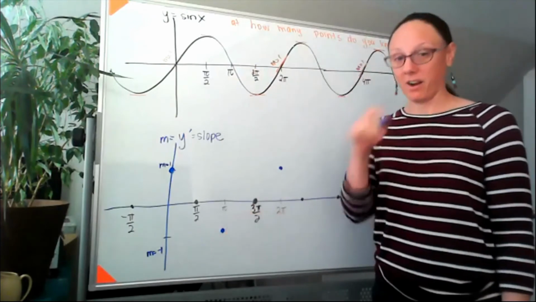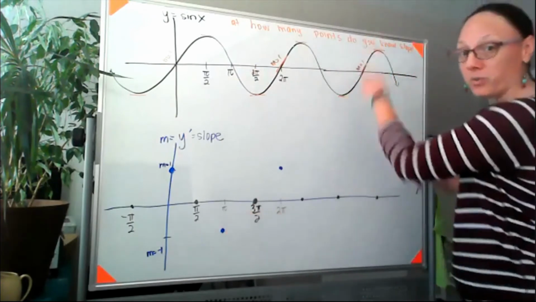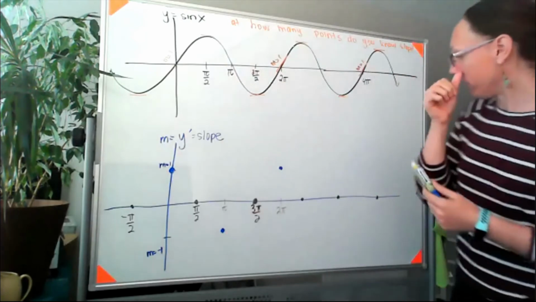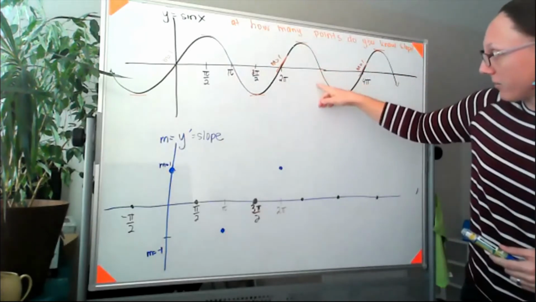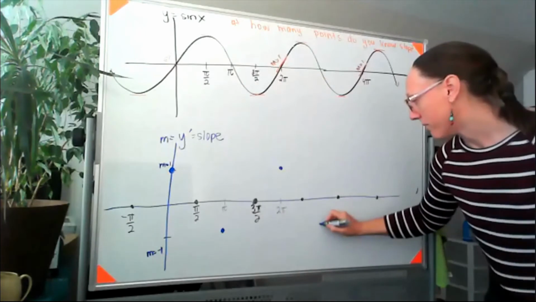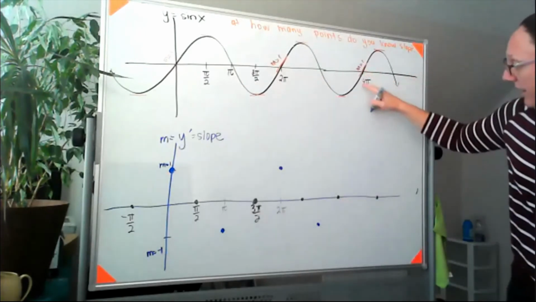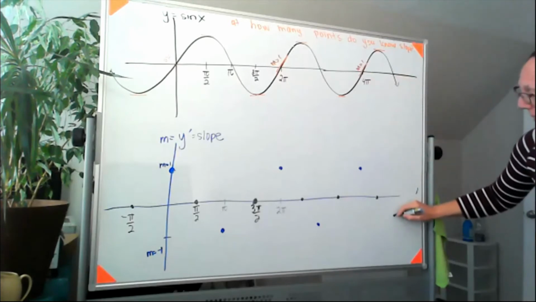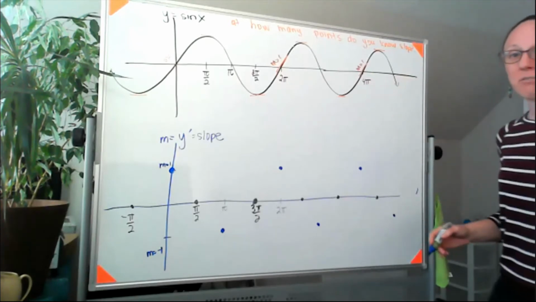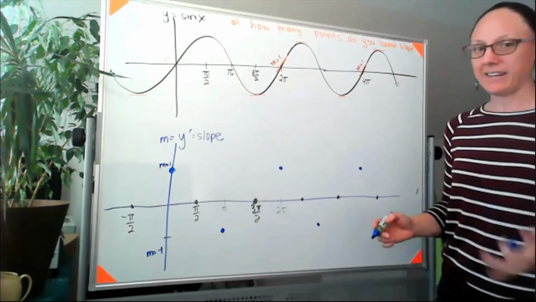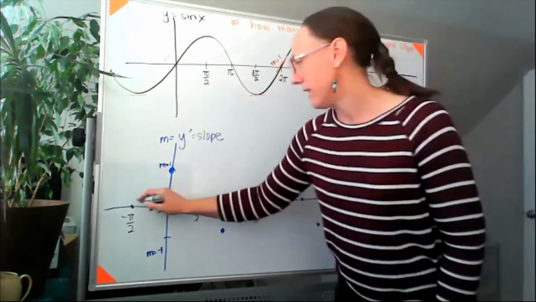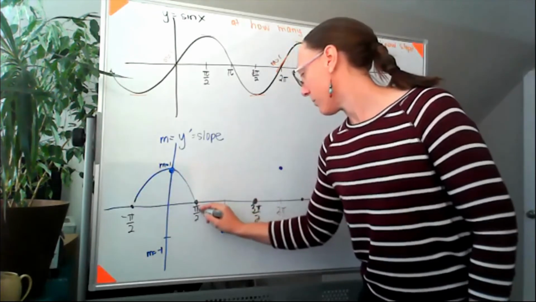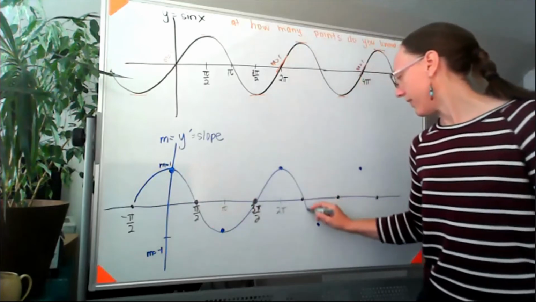And I'm going to spare us from doing this everywhere, but I'll do the quick version. Here, I should be at a slope of about negative 1. And here, I should be at a slope of about positive 1. And here, I should be at a slope of about negative 1. And if I connect the dots in a nice flowing way, this would look something like that.